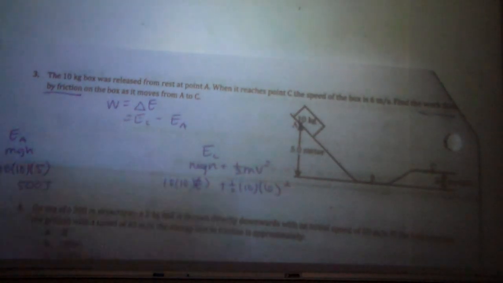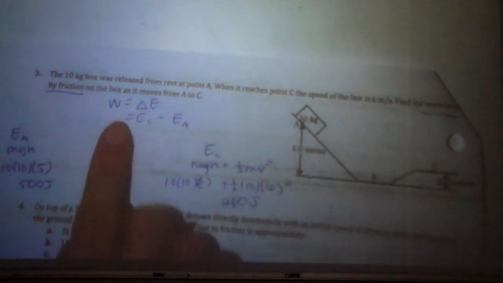It doesn't matter. At A, it was all potential, mgh, so 10, 10, 5. At C, it was a little bit of potential and some kinetic. And 10, 10, height of 2, 1/2, 10, velocity was 6 squared. So then this guy has 500 joules to start with, and at the end we have a total energy of 380 joules.